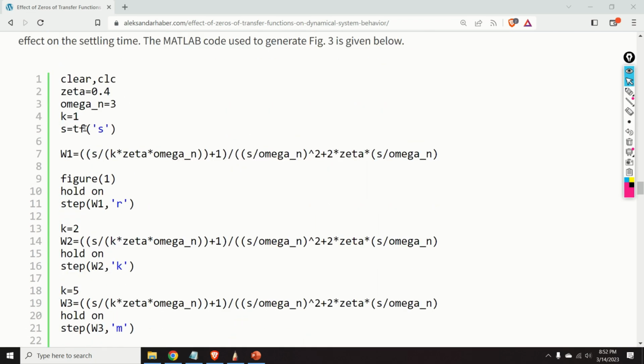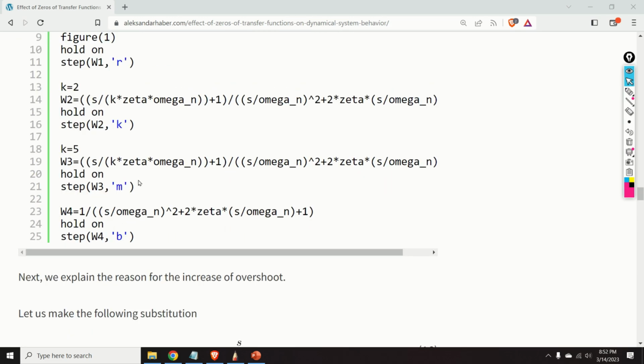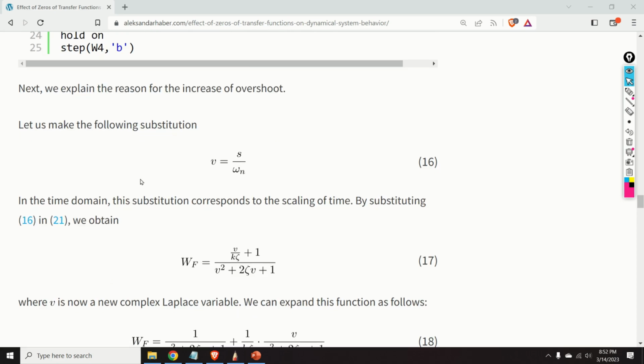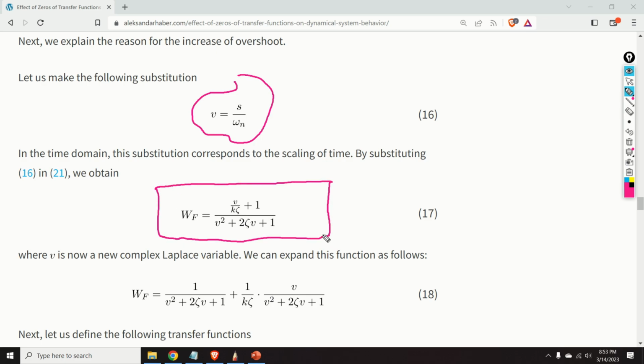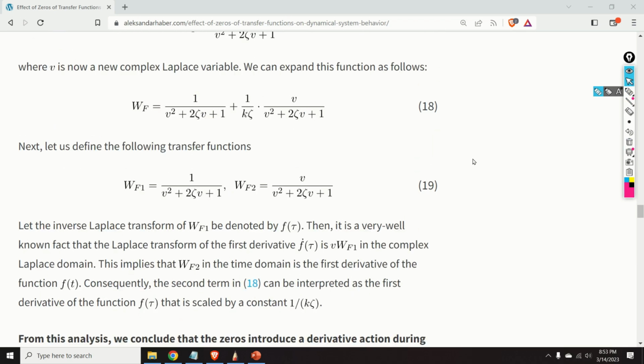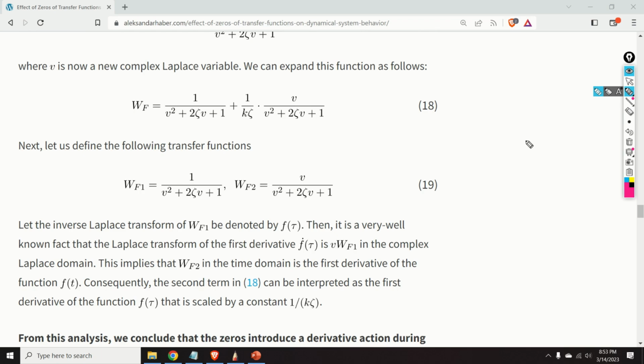I'm basically using the standard commands such as transfer function, plotting step, etc. Now, let us make the following substitution in our original system. We will define a new complex variable v equal to s over omega n, and we can substitute this variable in our transfer function, and we can decompose equation number 17 to obtain equation number 18.